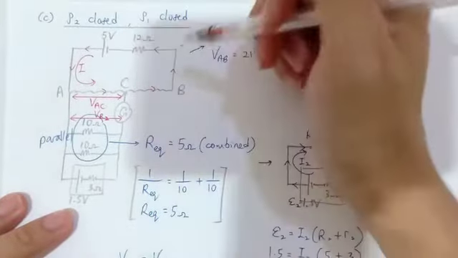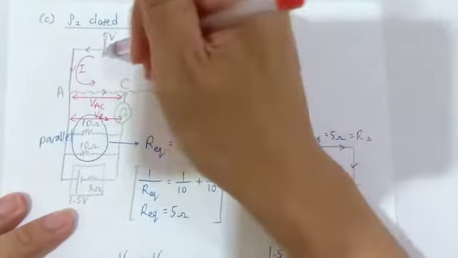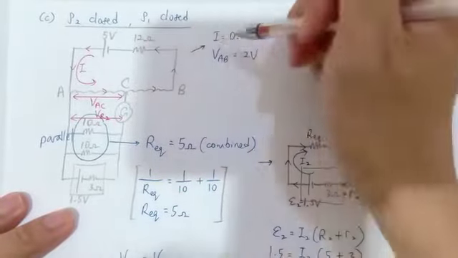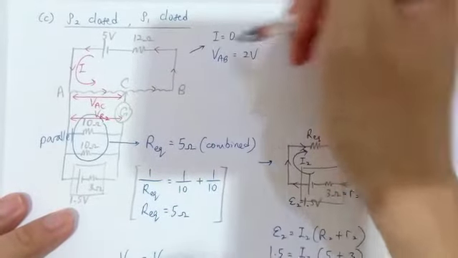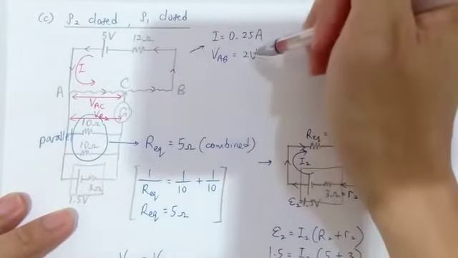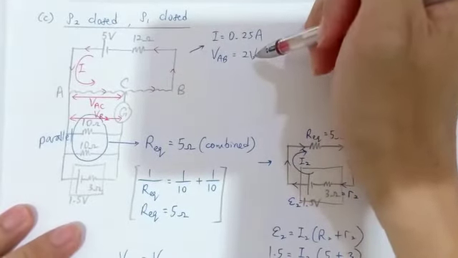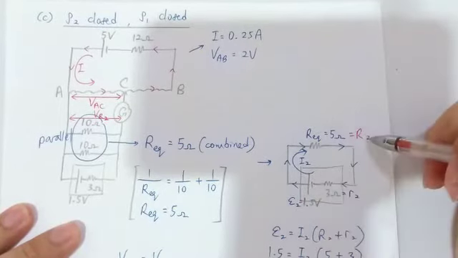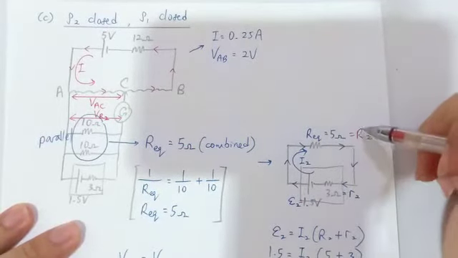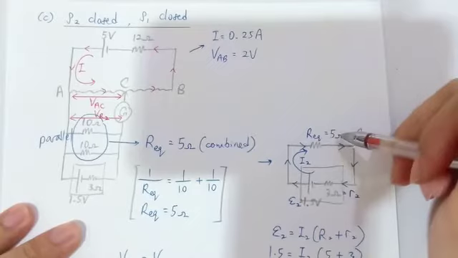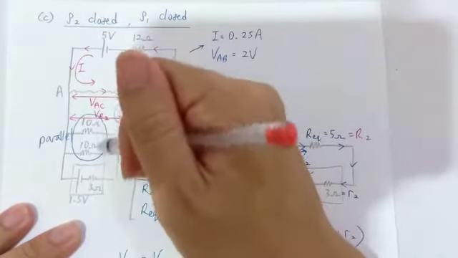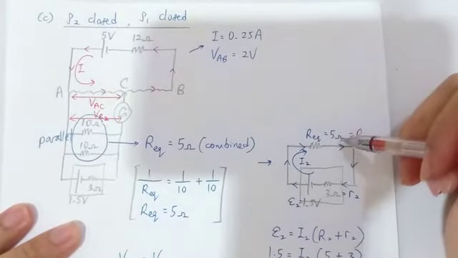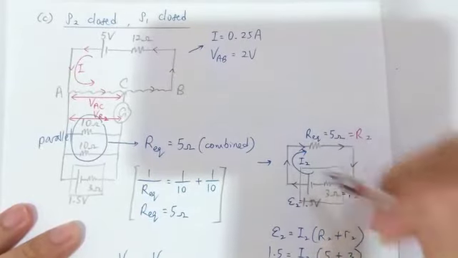So same as before, the top circuit never changes, so the current is still 0.25 ampere and voltage AB is still 2 volt. But current I2 changes because R2 changes. Last time 10 ohm, now 5 ohm because there are two resistors in parallel. So you need to find the new current I2.